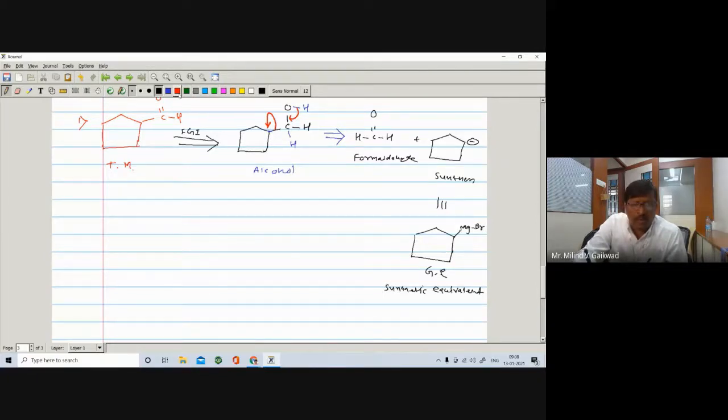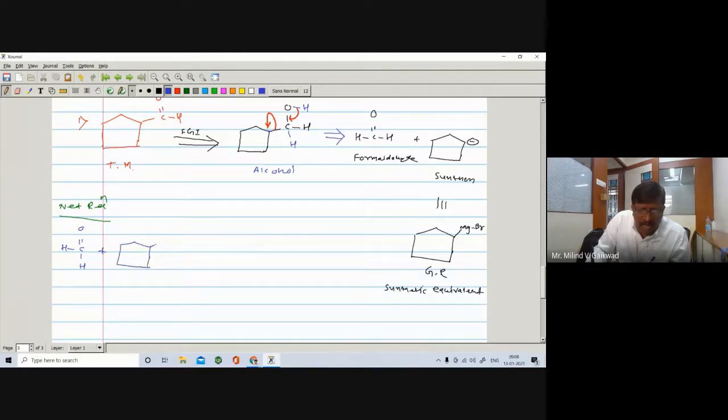This means you have to prepare this alcohol starting from formaldehyde and the Grignard reagent. Now you have to write down the net reaction, right? Cyclopentyl you consider as an R, and then you can write the corresponding reaction. In the net reaction, the starting compound is your formaldehyde, H, C double bond O, H, plus it reacts with the Grignard reagent.